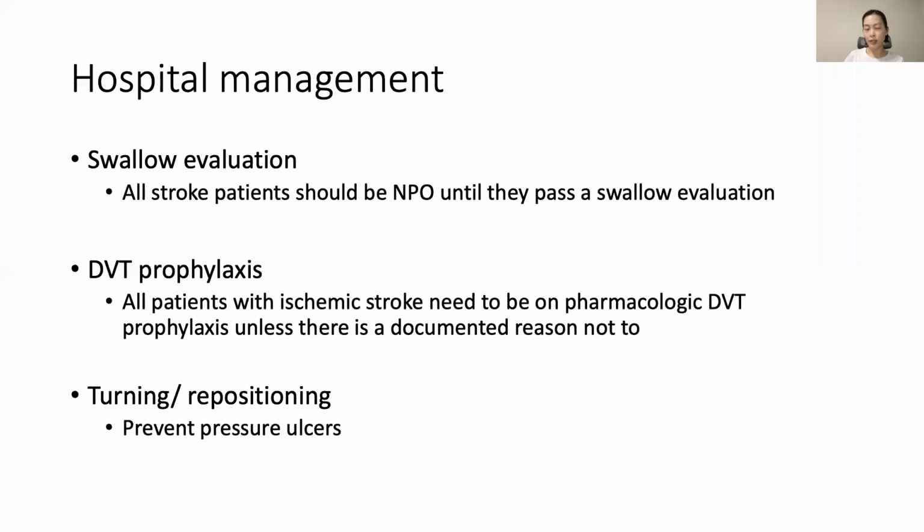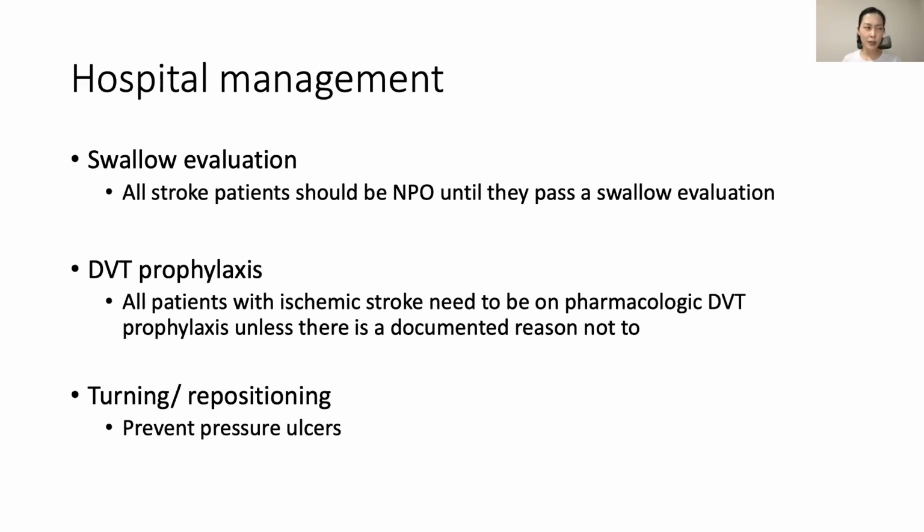Most stroke patients benefit from DVT prophylaxis. Even hemorrhagic stroke patients, after about 48 to 72 hours after stabilization, benefit from chemical DVT prophylaxis, because we feel that the benefit outweighs the risk.